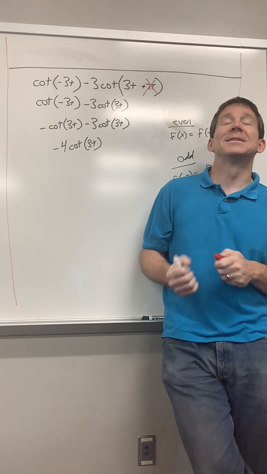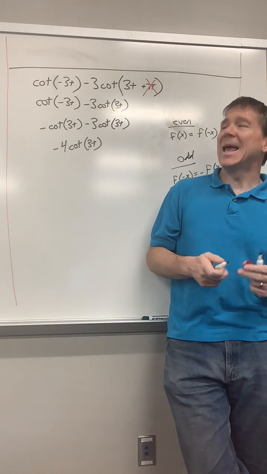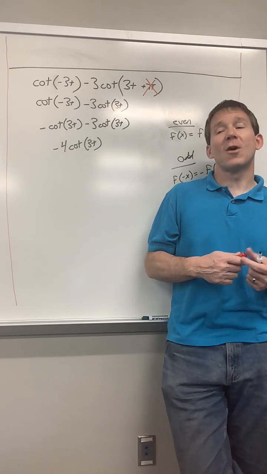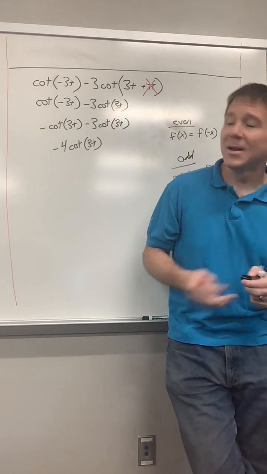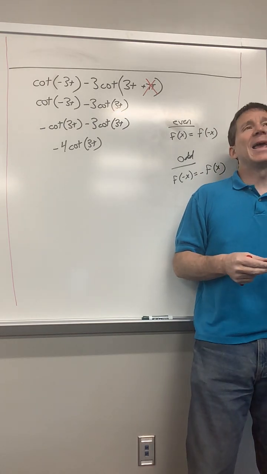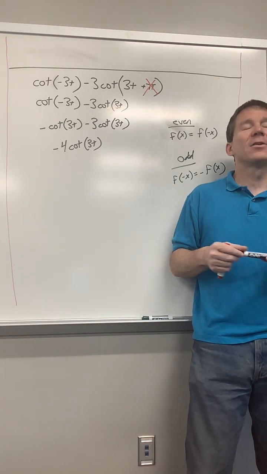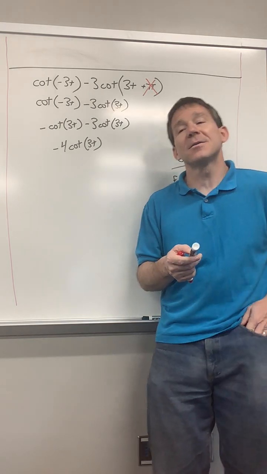For the next several weeks in this semester, we're going to be going through a lot of properties and identities that will allow us to simplify and manipulate these things right here. And they are incredibly important and useful.